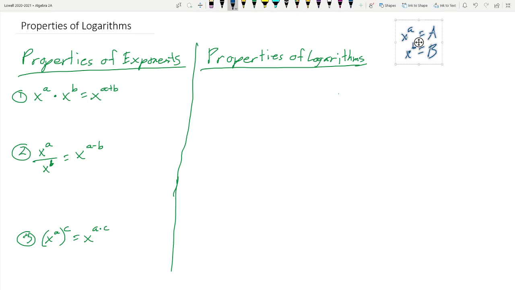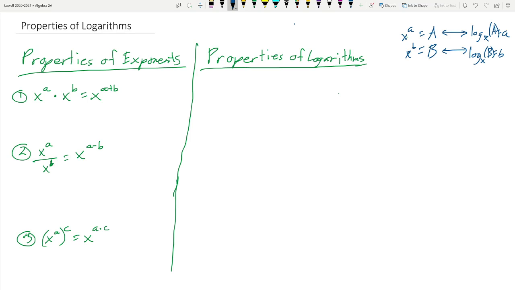And again, from here, we can see our equivalent logarithmic equations. Well, the top one would say log base x of big A is equal to little a, right there. And log base x of big B is equal to little b. Sorry, that's a little small, but hopefully we can see that there.